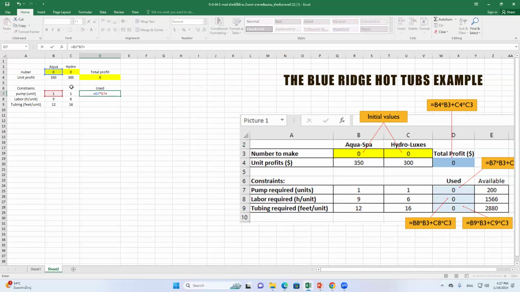This is for pump, and then for labor, equal to x1 multiplied by 9 hours for x1, plus x2 multiplied by 6 hours for x2, like this.